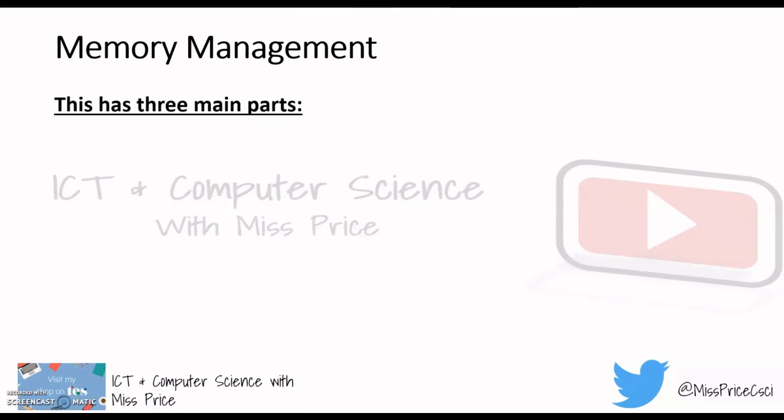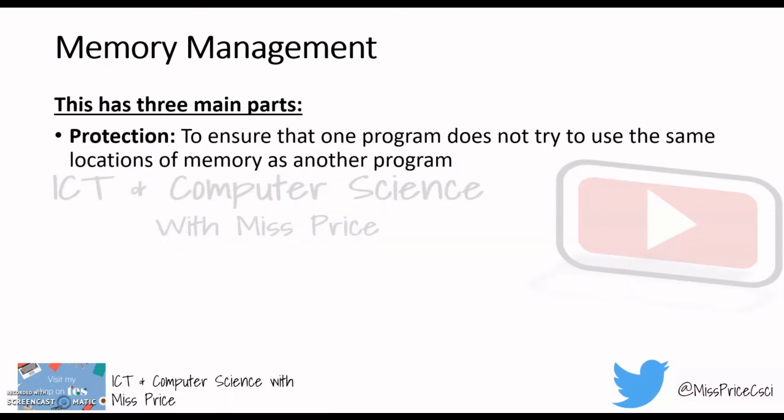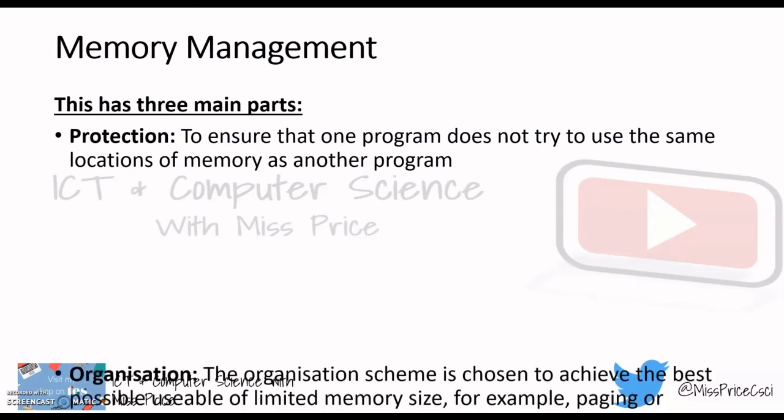Now, memory management. There are 3 main parts. Memory management in a computer system is very important, because if we looked at a computer system that had no memory... von Neumann came up with the CPU architecture, and this is how the memory works. Our computer remembers what we do and the processes. Firstly, there's protection, to ensure that one program does not try to use the same locations in memory as another program.